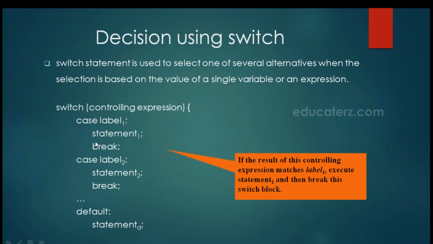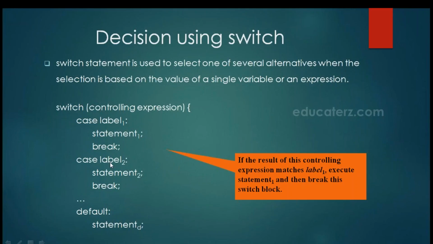Now in this, first the expression will be evaluated, then its value will be matched with the case values. If any case value is matched, then control directly jumps to that case, and that block will be executed till break or the end of the switch. Break is not mandatory, so if break is not given, then all statements will be executed till the end of the switch.